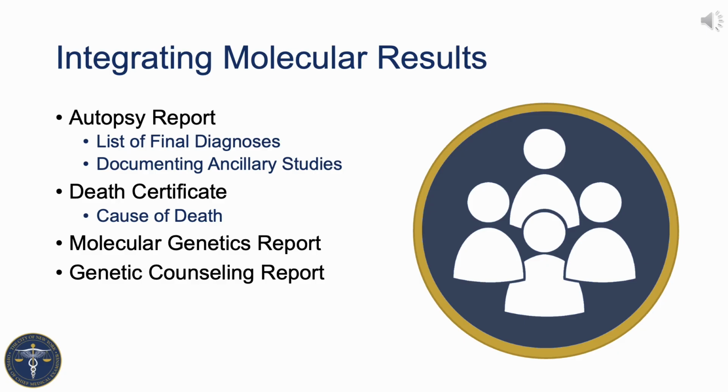The approach that I have to death certification is similar. In all cases, I imagine, what if a family has only this single document, whether it is the death certificate or the autopsy report, and they hand that document to a clinician? Is that document providing enough information for the clinician to understand the key diagnostic information, including the disease and gene implicated, which are responsible for the cause of death?